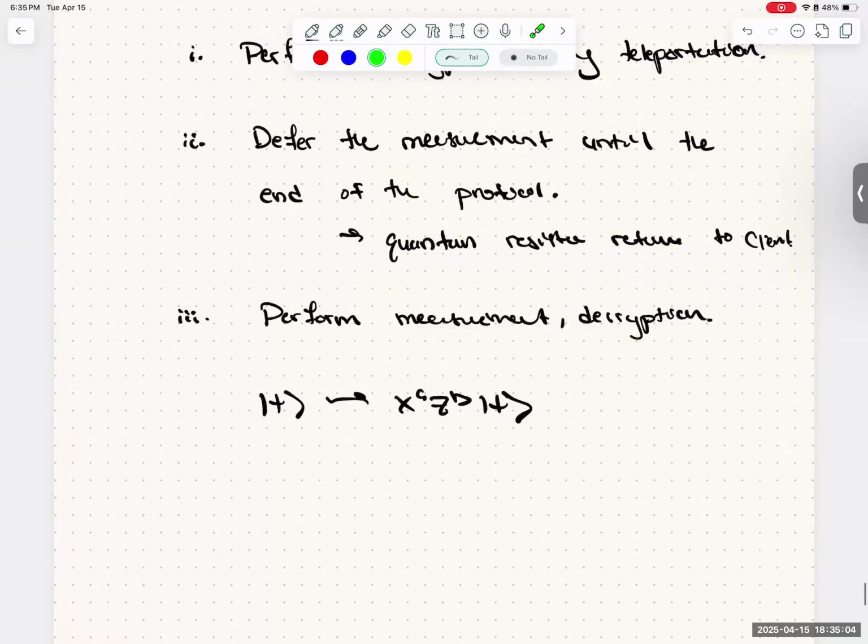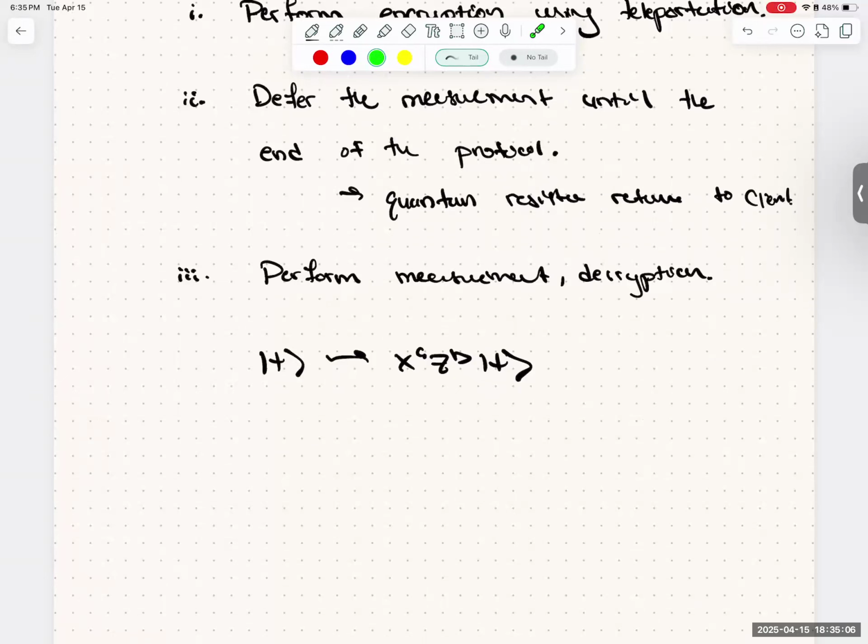You're doing it using teleportation and deferring the measurement to the end, so there's no prior information about these A's and B's that the server can essentially get information from.